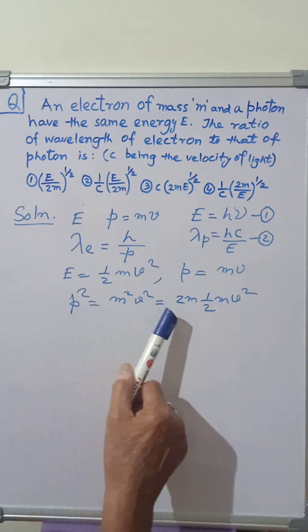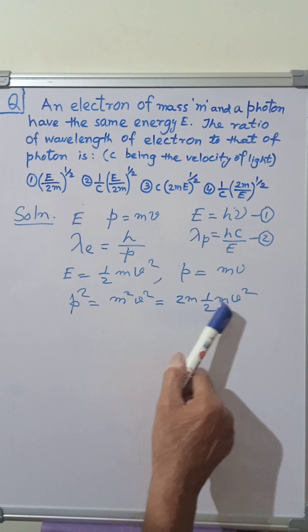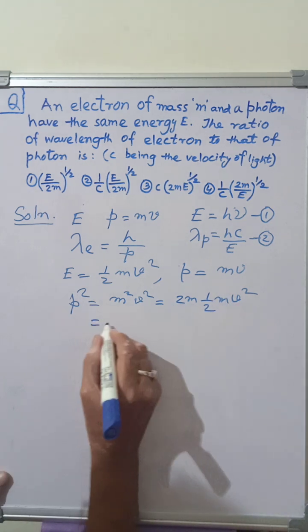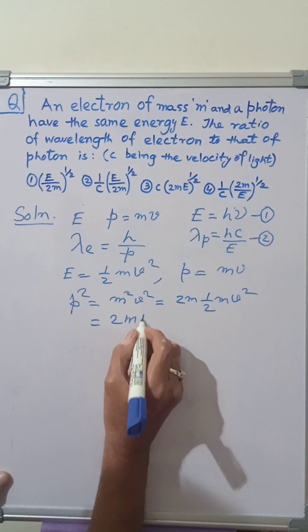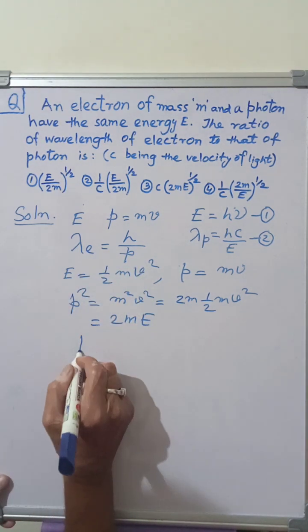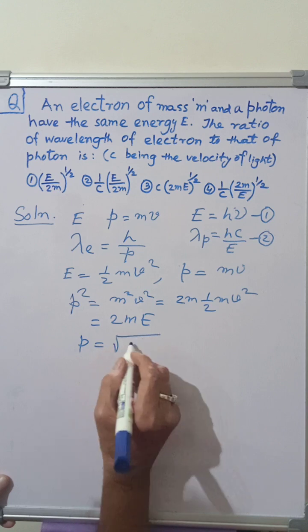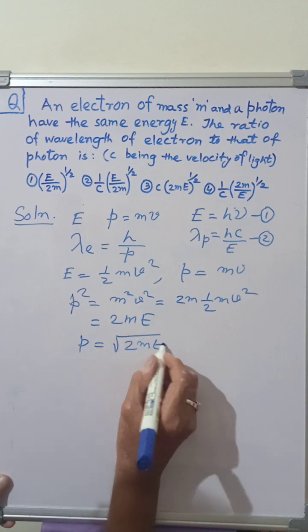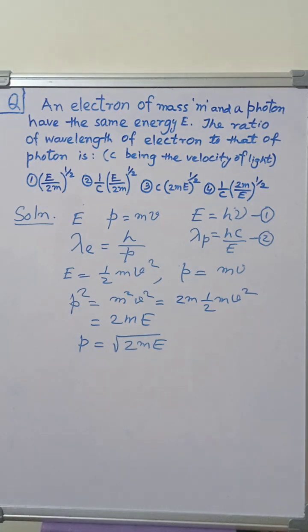So p square can be written like this, 2m into half mv square, which is equal to 2mE, where E is the energy. Therefore, p is equal to root over 2mE.